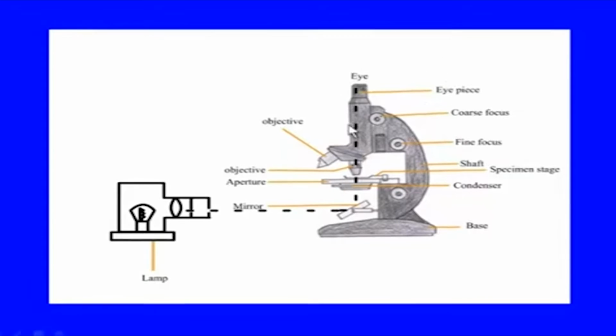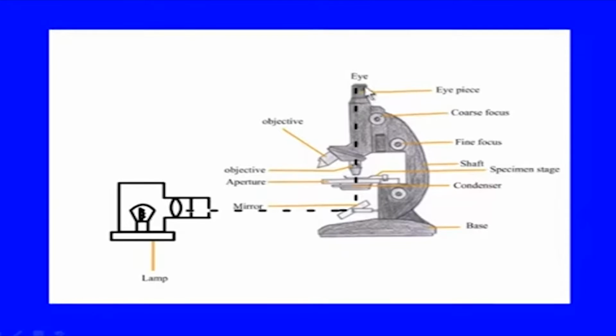But in infinity corrected optics, there is the option to put in auxiliary components like a prism or polarizer or other things, without any problems in the image. Here, the mechanical tube length is defined from the nose piece where it is threaded till where the eyepiece is attached.